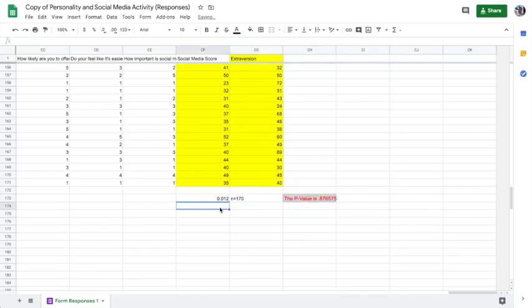Then when we are going to report our correlation coefficients in your results and in your presentations, the way you're going to include those is you're going to have an R number, and then in parentheses you put the number of subjects you had, so 170 in parentheses equals 0.012.